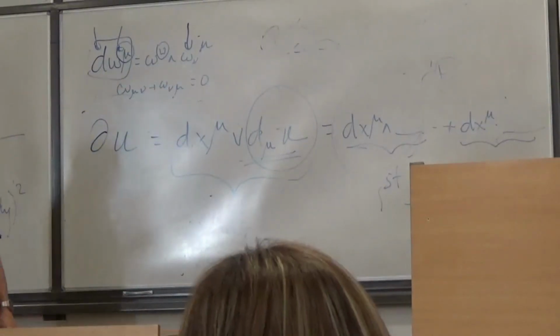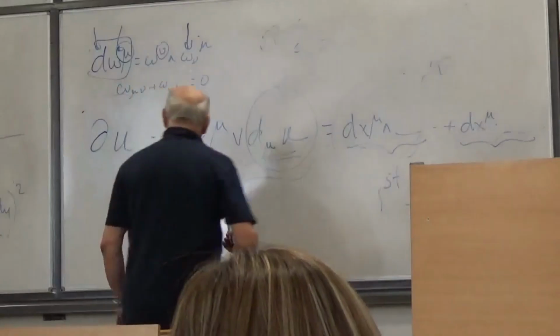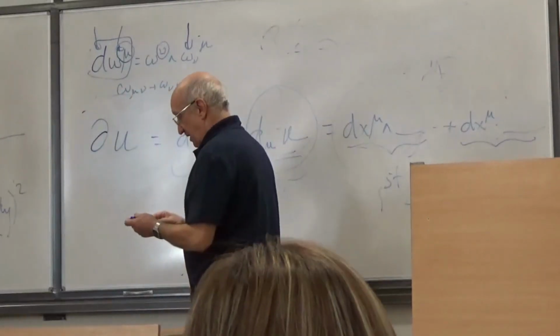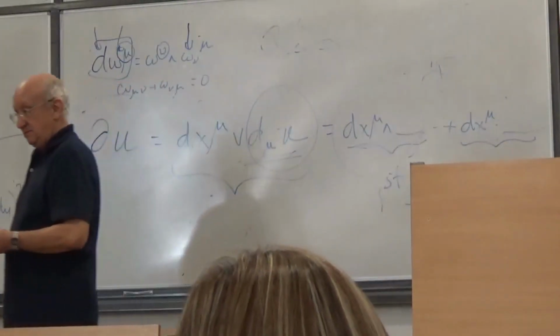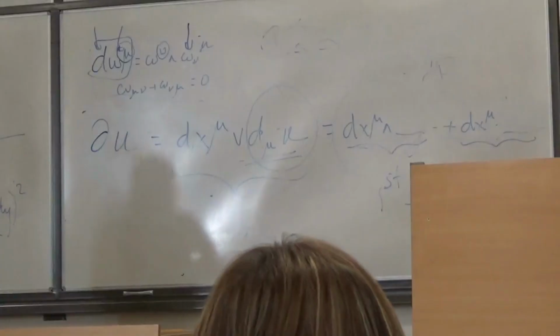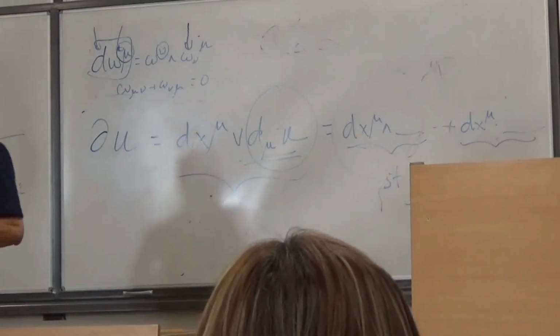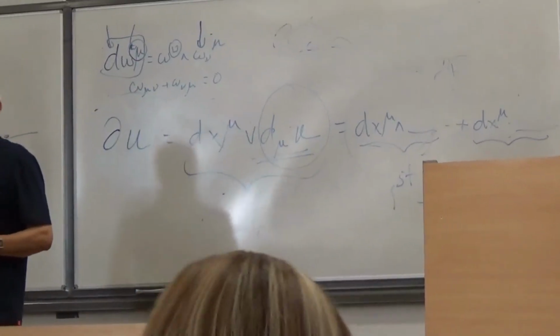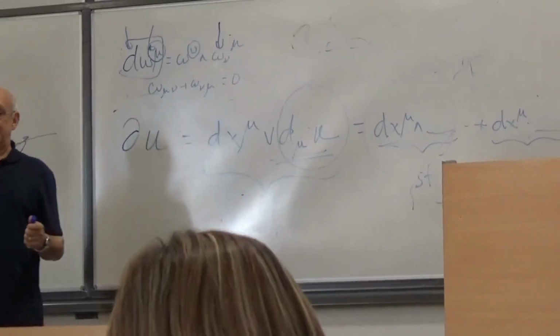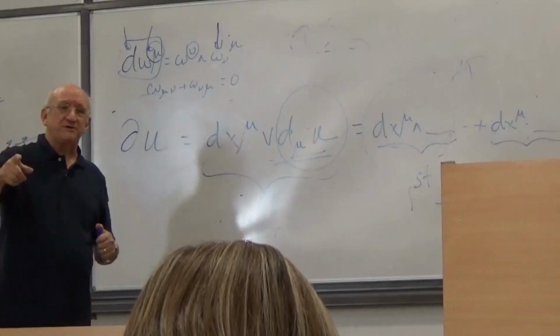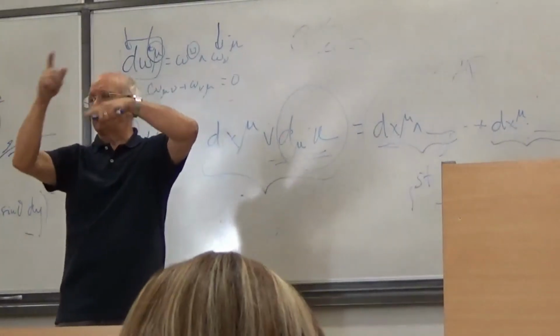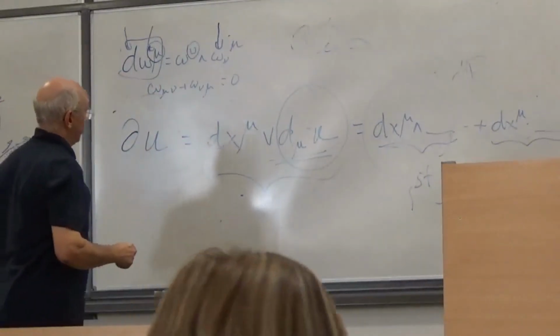So if you give me a function, I can obtain the gradient, but if you give me a vector field, I can obtain the curve, but I cannot obtain the gradient. Well, you don't get the curve because of the dual linear functions, the dual. This is wrong there.